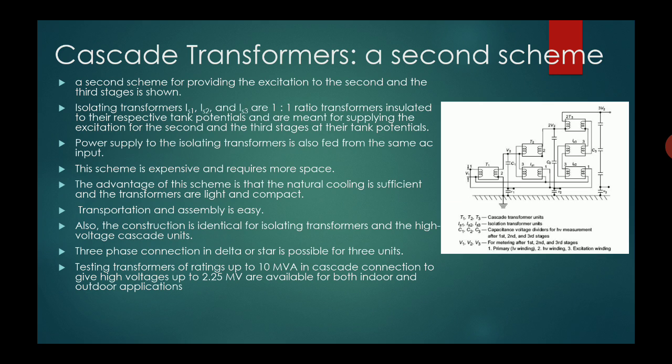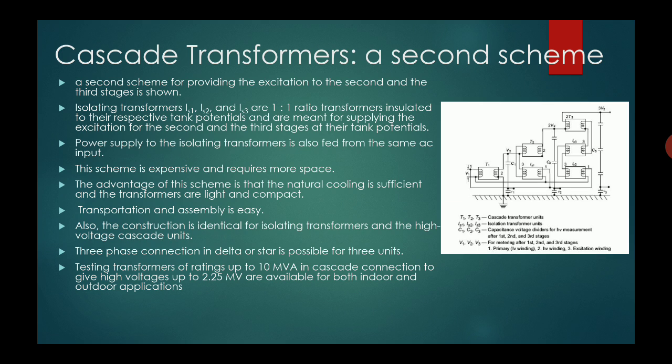So these transformers are there to isolate one unit from the other. This isolating transformer IS1, IS2 and IS3 of ratio 1:1 is insulated to its respective tank potential and is meant for supplying the excitation for the second and the third stages.